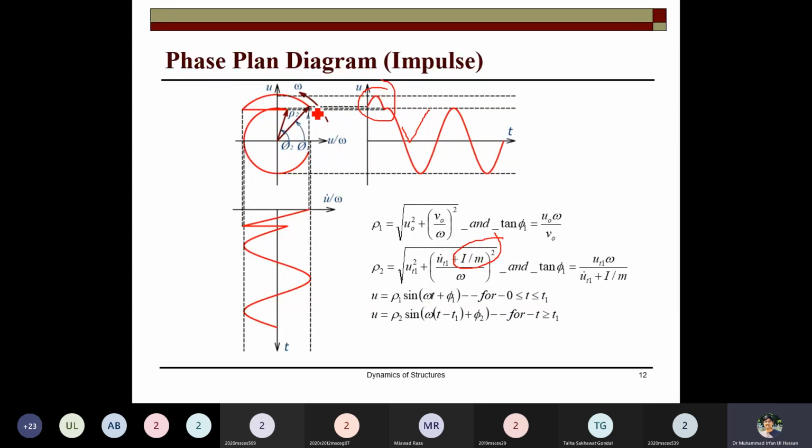So that's why this additional term is obtained at the top because of this impulse. And when you differentiate it, the impulse gives us this behavior. This is the additional force basically acting in the regular free vibration.